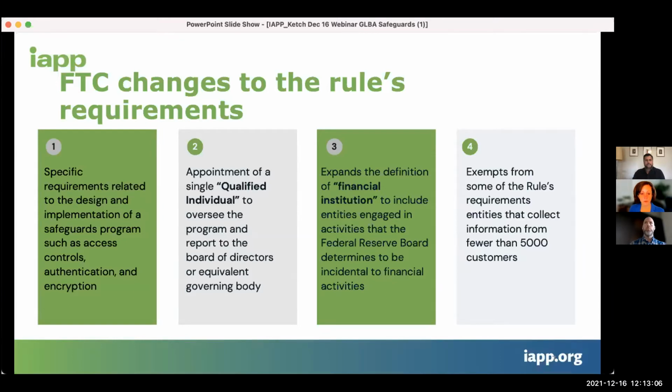That person must be qualified to oversee and enforce the financial institution's information security program, and the qualifications that are necessary will depend upon the size and complexity of the financial institution's information security and the volume and sensitivity of the customer information that the financial institution possesses or processes. The third big change that we have up on the slide relates to finders, which we described.